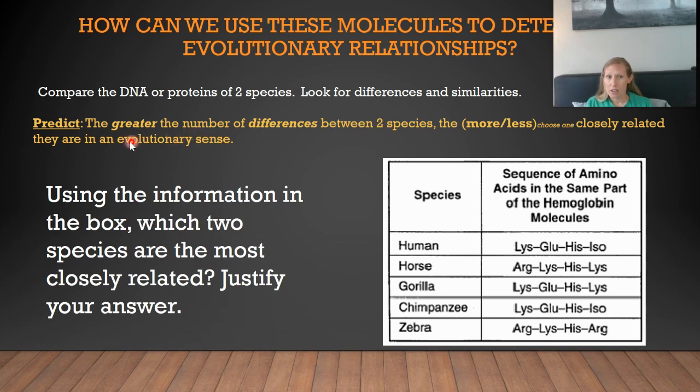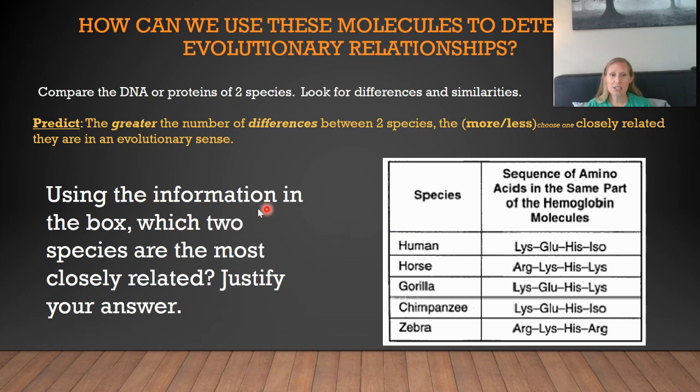From the previous slide, if we predict the greater the number of differences between two species, are they more or less closely related? The more differences that there are, the less closely related they are. The fewer the differences, the more similar they are, the more closely related.